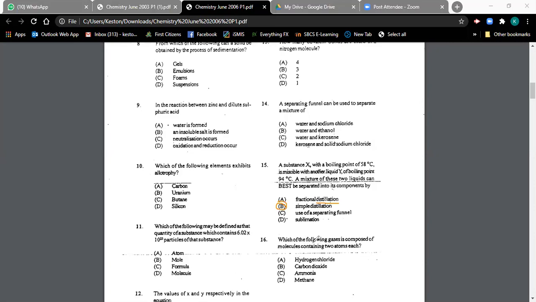16. Let me just make sure that... actually, yes, leave it as fractional distillation.